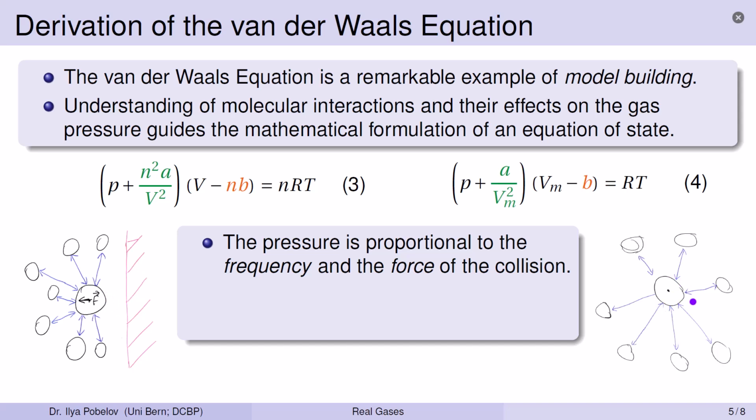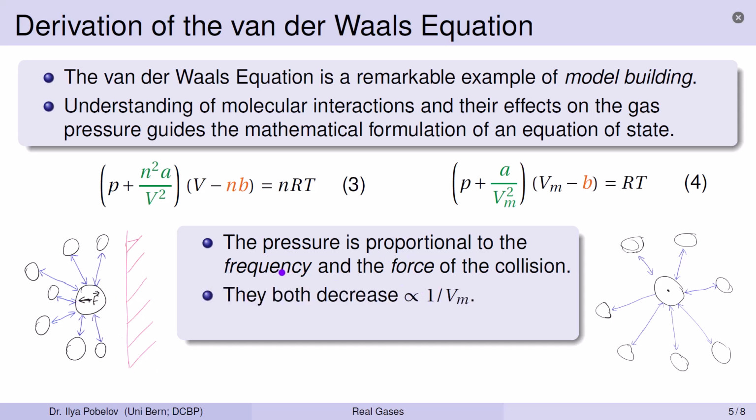A molecule that is located inside the container is surrounded by other molecules that move randomly. Therefore, the attractive forces from all directions average to zero. However, the molecules that are located next to the container walls are not surrounded by other molecules from all directions. They experience net attractive forces only from the side of the bulk and are being pulled inwards.